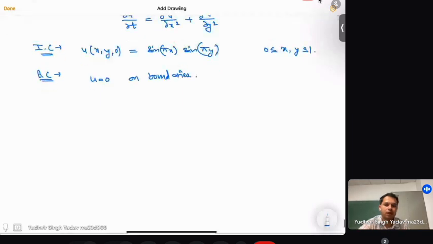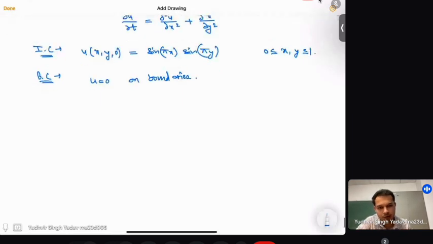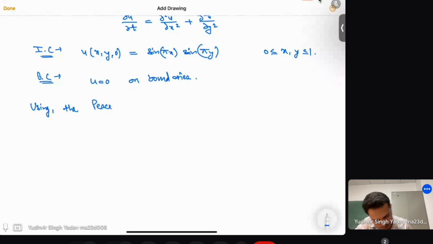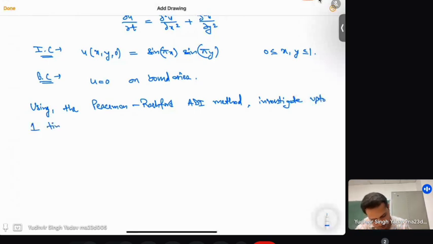So in this case, we will use the Peaceman-Rachford ADI method, and we will see how it is simpler to solve in this way. So using the Peaceman-Rachford ADI method, investigate up to one time level.